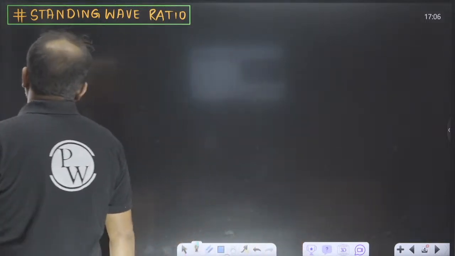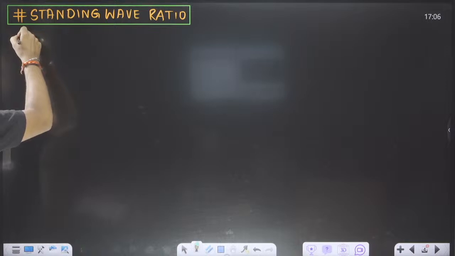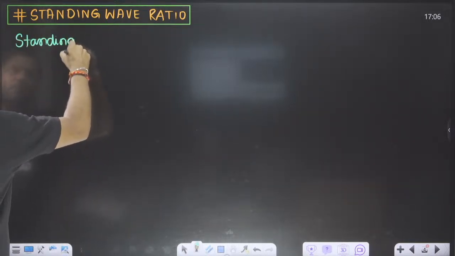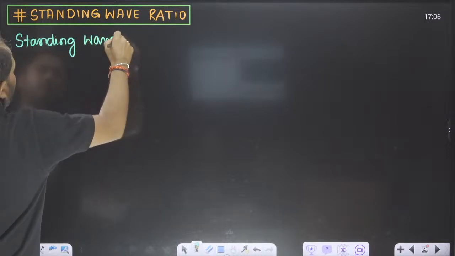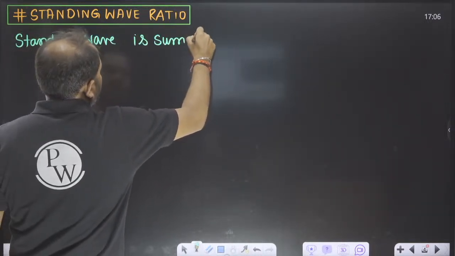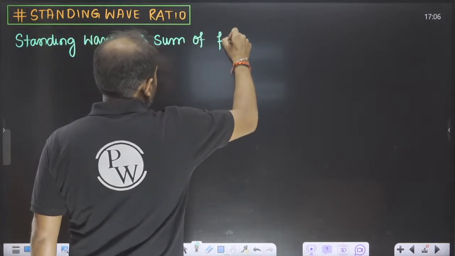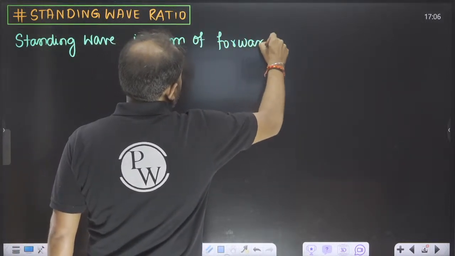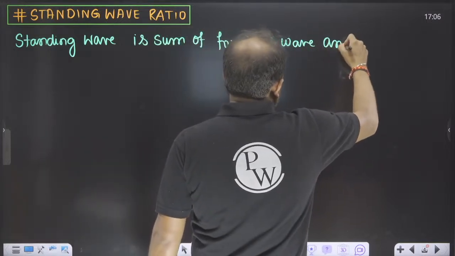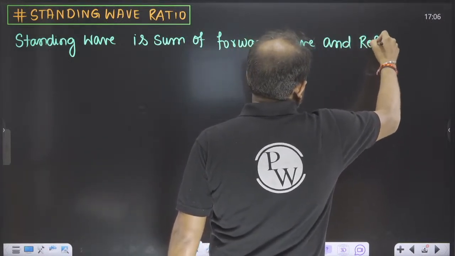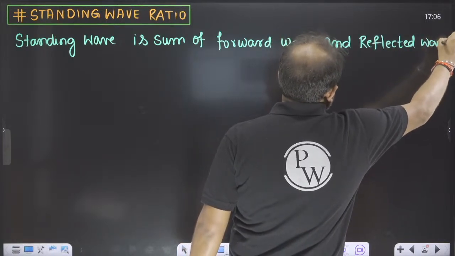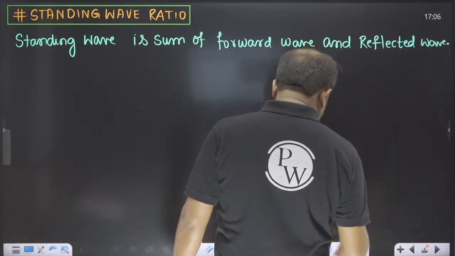So what is a standing wave? A standing wave is the sum of the forward wave and reflected wave. Okay.